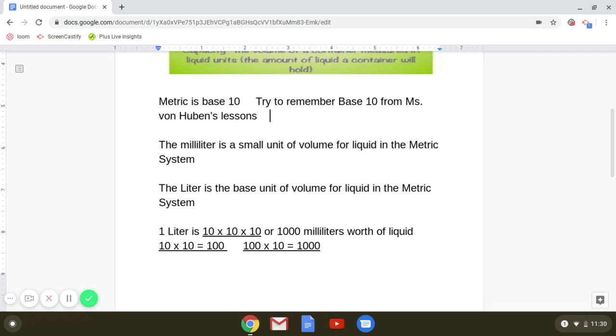What unit of measurement would you use? Would you use milliliters to fill up a kitchen sink? Would you use liters to fill up a kitchen sink? Would you use milliliters to fill up a syringe or a container for medicine? If you were taking some medicine, would you use milliliters or liters to measure that?